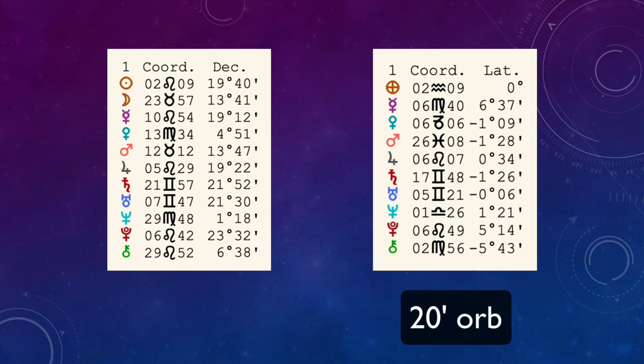Magi Society recommends 0.3 degrees, which is 18 minutes, but I believe that 20 minutes works well in practice. This is yet another difference between geo and helio charts, a much narrower orb for the second dimension. And the second dimension itself, latitude instead of declination.